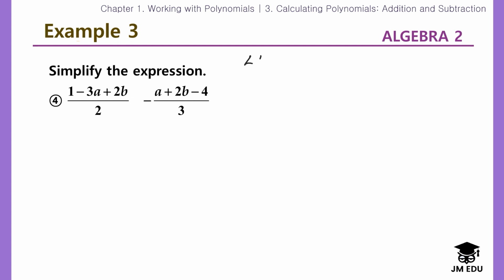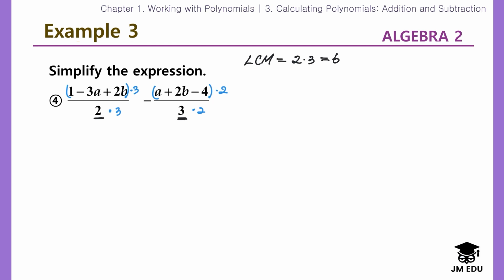So our least common multiple of 2 and 3 is just 2 times 3, right? Because we only have one 2 and one 3. So that's 6. So we're going to multiply all of this expression by 3, and all of this expression by 2.